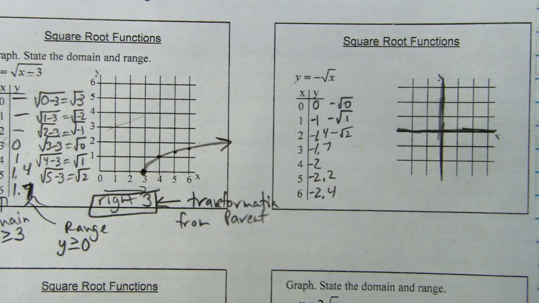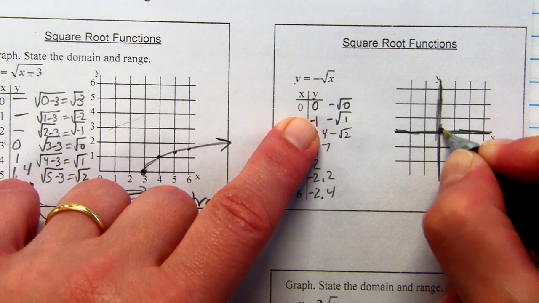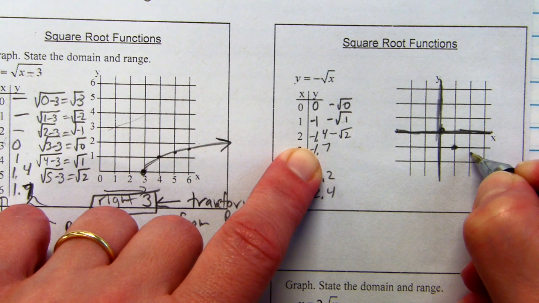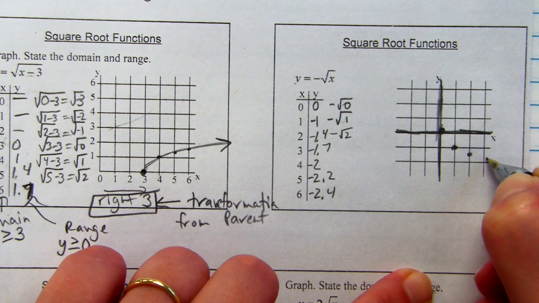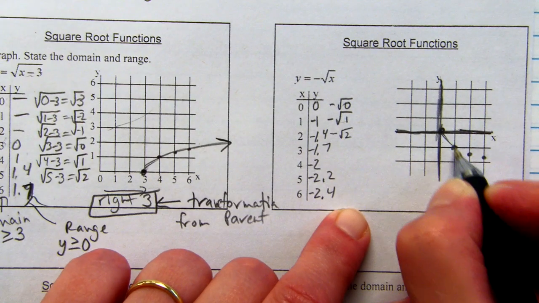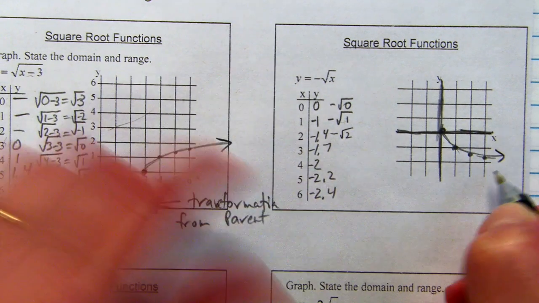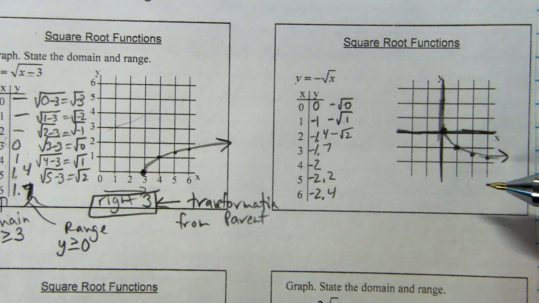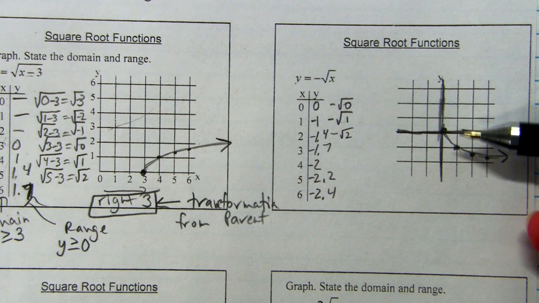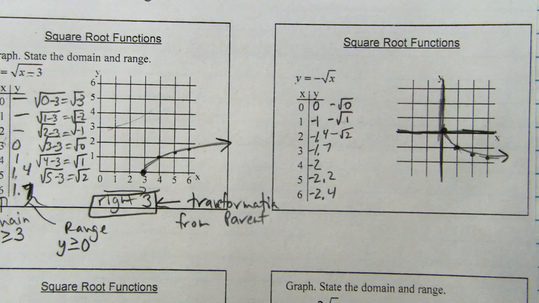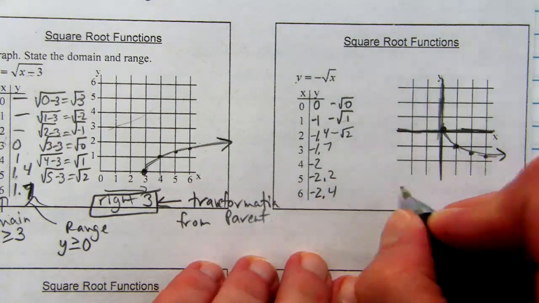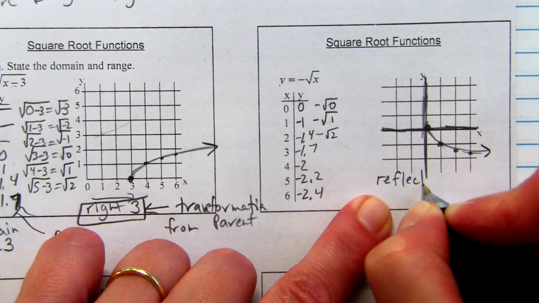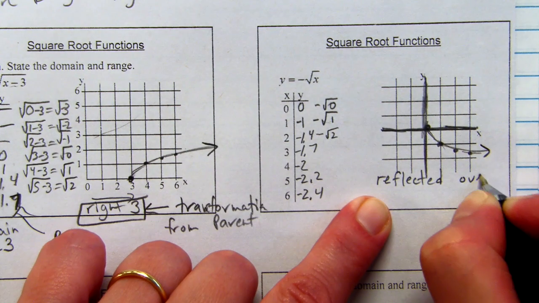So, we have a slightly different graph. This is now the axis. We can see the negative values: (0, 0), (1, -1), (2, -1.4), (3, -1.7). So what happens to the graph? Remember comparing it to that parent graph. So it flipped, right? It flips up and down.